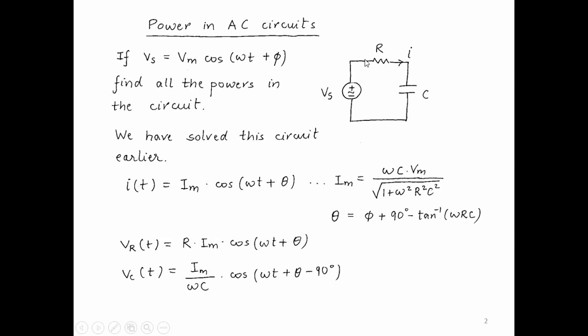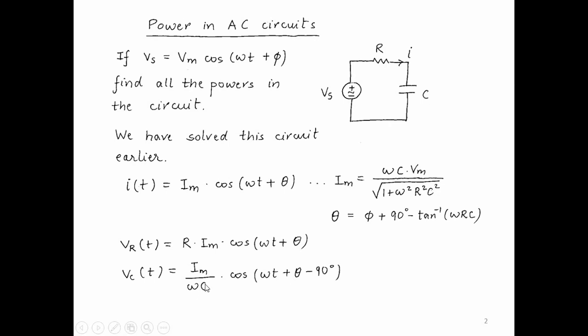The resistor voltage is simply I times R, and the capacitor voltage is I divided by j omega C, so that is Im by omega C cos(omega t plus theta minus 90 degrees) because of the j. Alright, and the magnitude is Im by omega C.